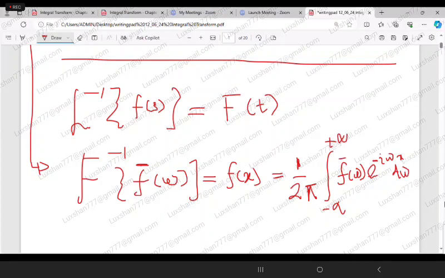Okay, so that is the formula to find the inverse Fourier transform.